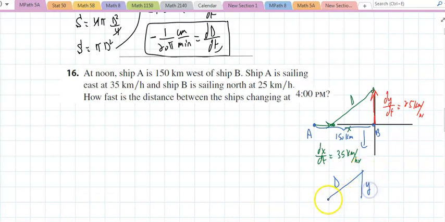That right there is Y. And that right there, since it was 150, is 150 minus X. True? And if I use the Pythagorean theorem, it says d squared equals y squared plus (150 minus x) squared.